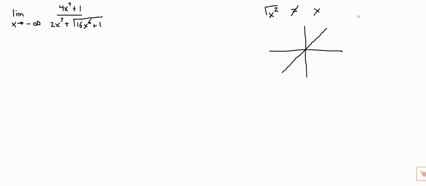So if we had the square root of 2 squared, that's equal to the square root of 4, which is equal to 2. Okay, so if we plug in x equals 2, and we get back x equals 2, so that looks right.